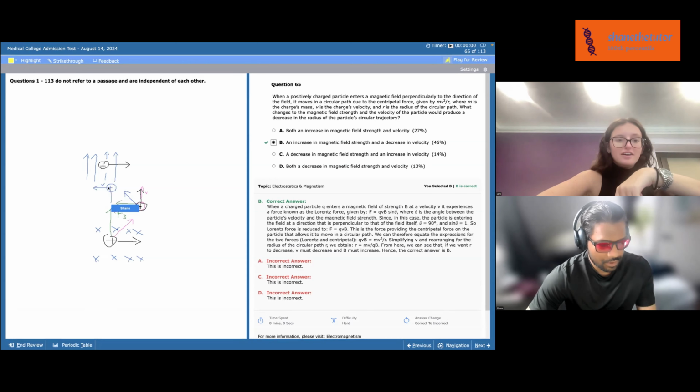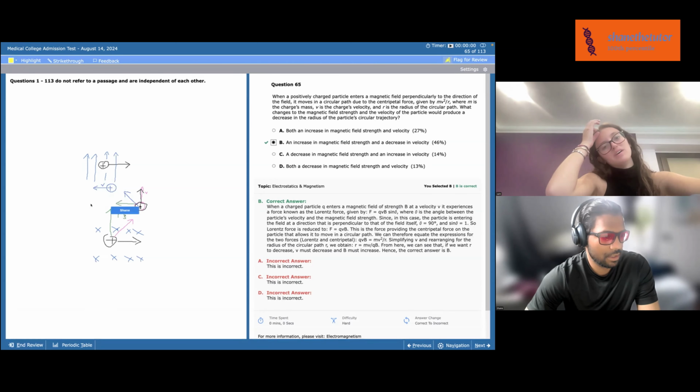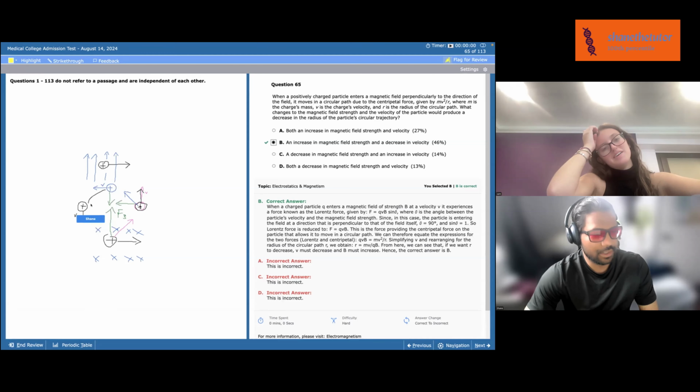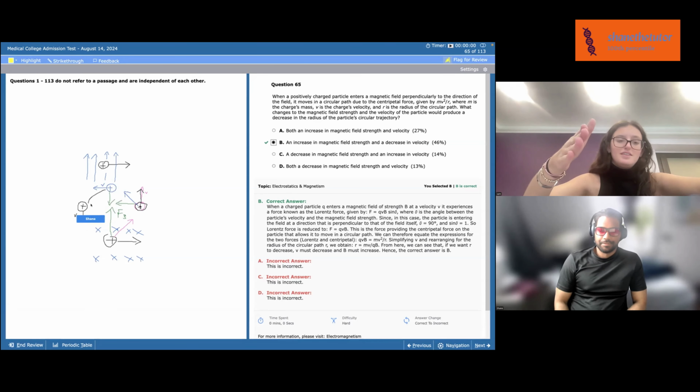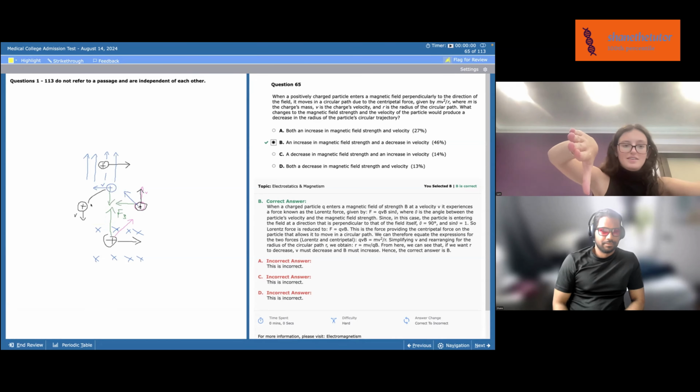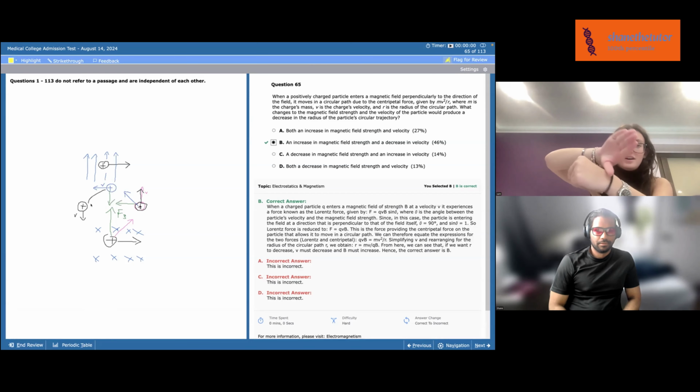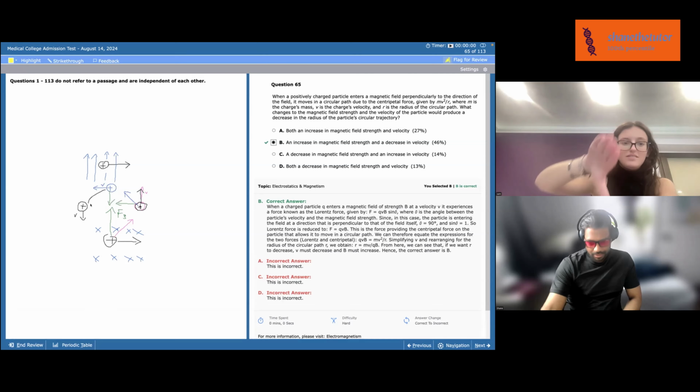Your arrow is going to be in the middle of them. Then it'll go here, with the velocity going this way. Force, arrow, diagonal.